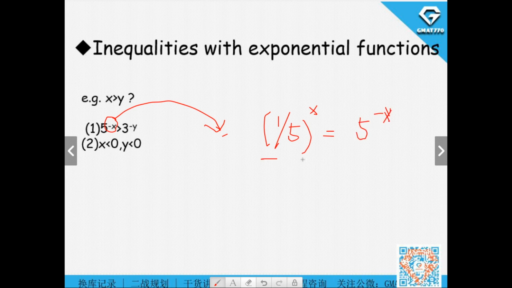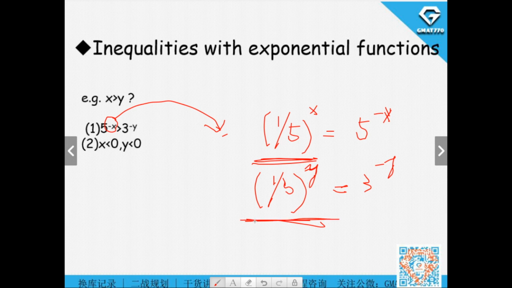And also, negative y power of 3 is actually equal to y power of 1/3. So statement 1 can be transferred into x power of 1/5 is greater than y power of 1/3. So you can just draw these two lines in one coordinate system.